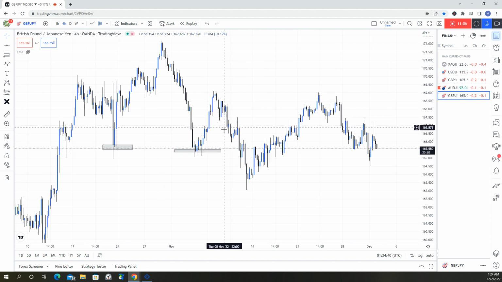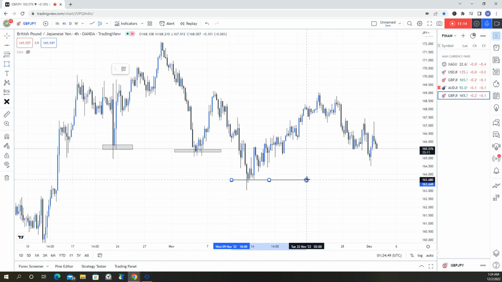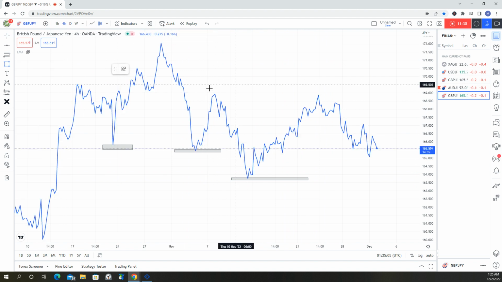There is another level. Let's identify a good level. Yeah, there is another good level here. Again, the price came all the way down and went all the way back up. So that's a very strong level. There is another level here.